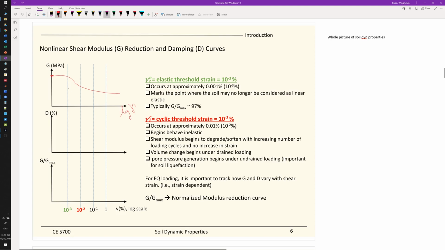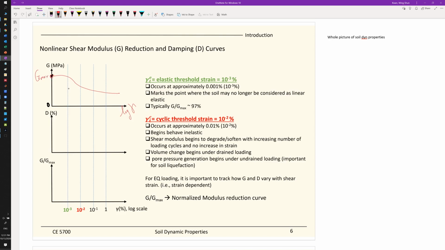First, a very important point is when the strain is very small, close to 0. This particular point here, we call Gmax. It's from the first cycle at the very small strain level. This particular point is the Gmax.